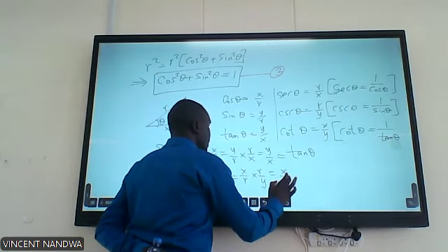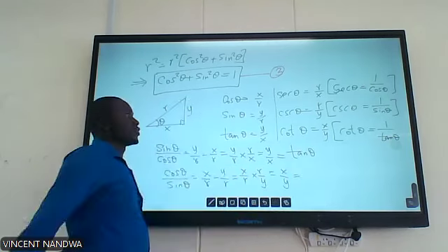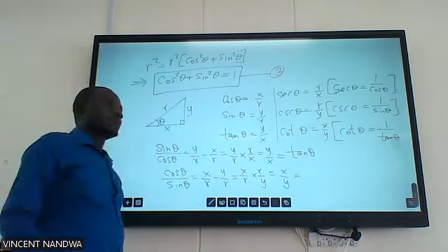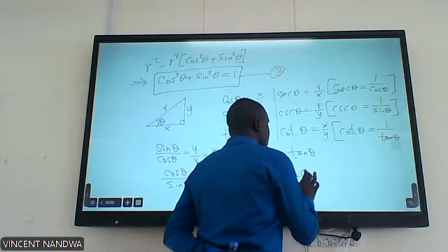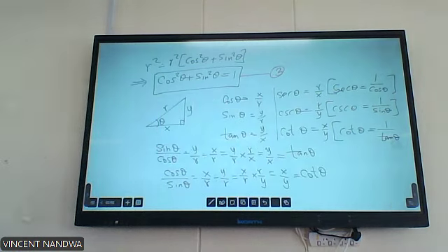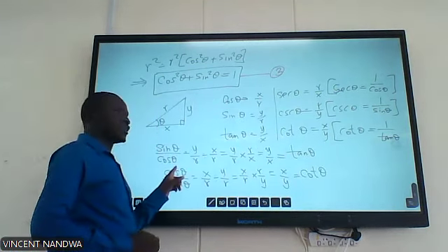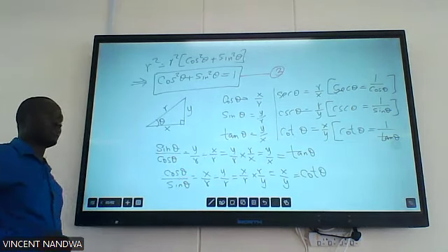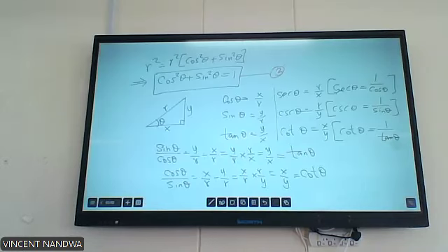And this you get x over y. x over y is cot. So this is cot theta. It should be obvious to you that the ratio of cos over sine is cot, and the ratio of sine over cos is tan.